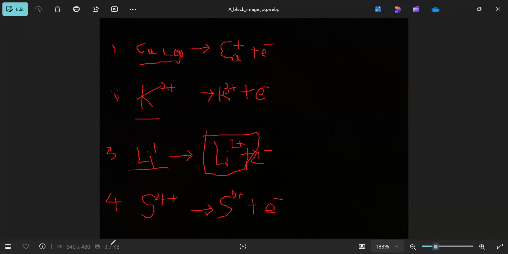So there you have it. This is the fifth ionization energy of sulfur, the second ionization energy of lithium, the third ionization energy of potassium, and the first ionization energy of calcium. So that's how you write the equations.